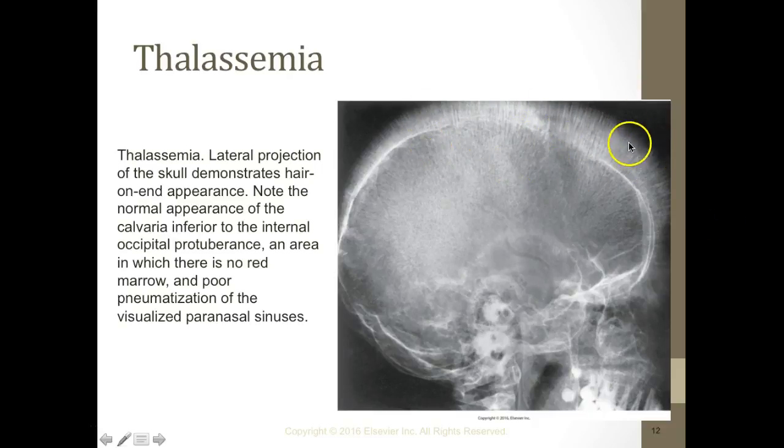It looks like this person has hair standing straight up, and that's the problem there. Down lower, the calvarium is normal, just below the occipital bone, heading around. So just up here, where the red blood cells are formed, is where you have the problem.